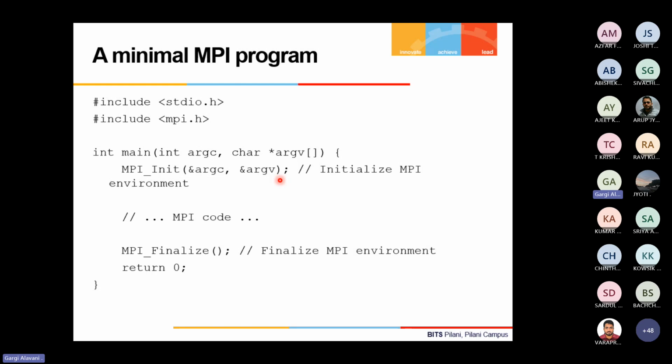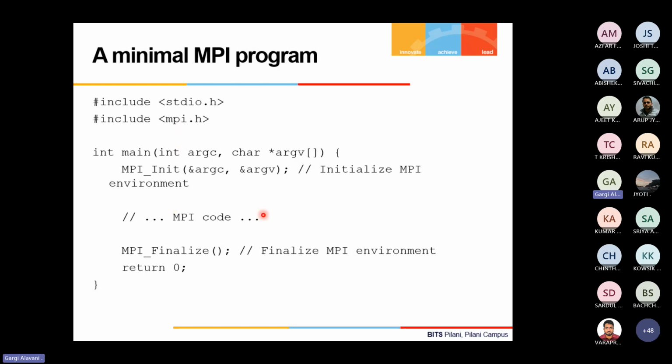So the minimum MPI code will look like this. As you can see, the first function is MPI_Init. Whenever you start an MPI program, this is a very critical step, where the init function initializes the MPI environment. And if you have noticed, along with stdio.h, we have included the header file mpi.h.